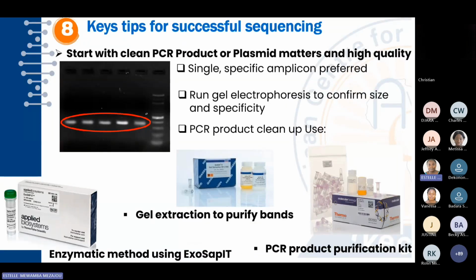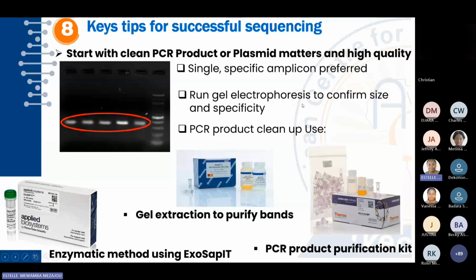So now coming to some key tips for successful sequencing, it's quite important to start with clean PCR product or plasmid, as it can highly affect the quality of the sequencing result. So ideally, you need to have a single specific amplicon as shown on this agarose gel, where you can see single bands.